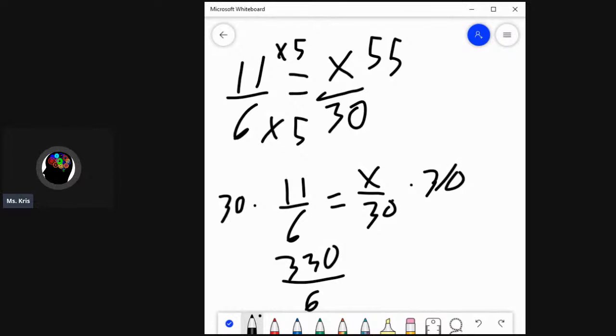The 30s will cancel, equals x. And of course, x equals 55. Just a couple of ways to show how to do your proportions.